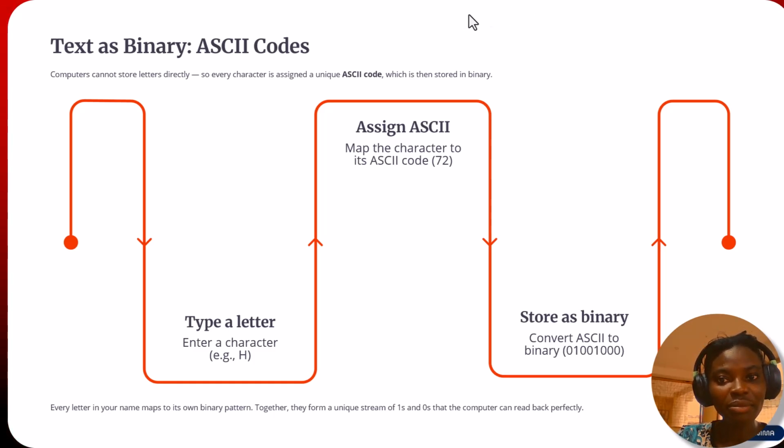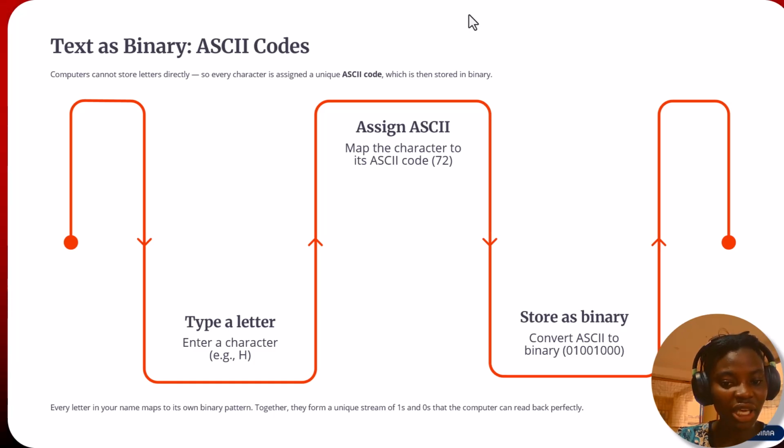One important character coding system is ASCII. ASCII stands for American Standard Code for Information Interchange. So ASCII assigns numerical values to characters such as letters, numbers, and symbols. For example, the capital letter A is represented by the number 65, whilst B is represented by 66.